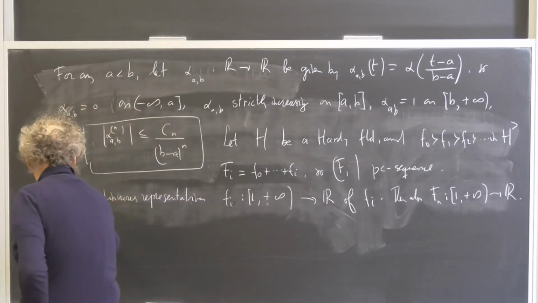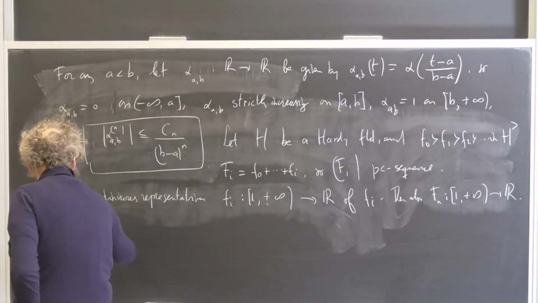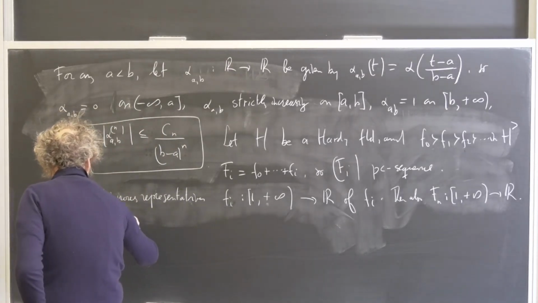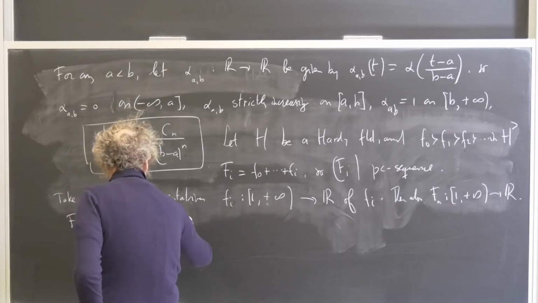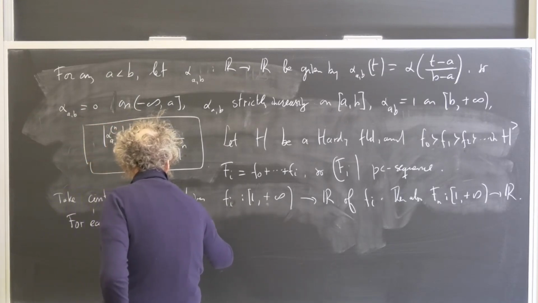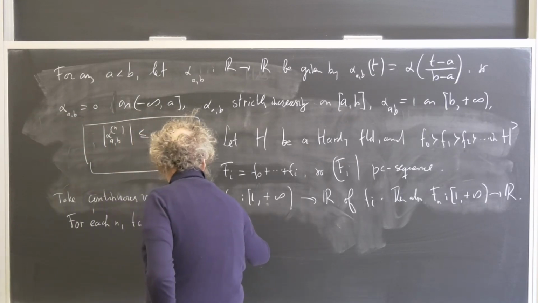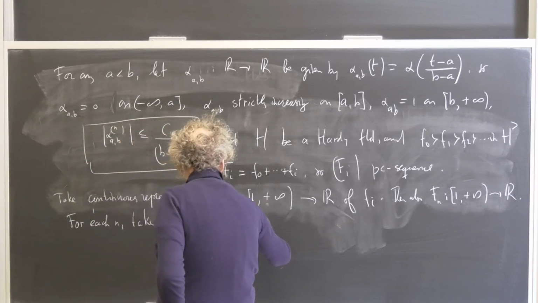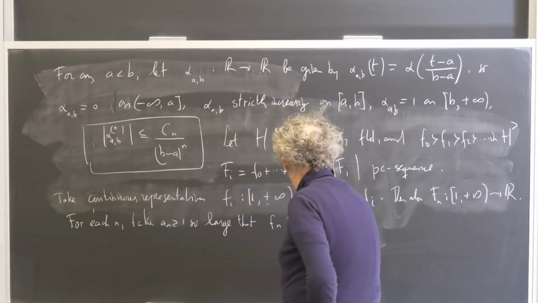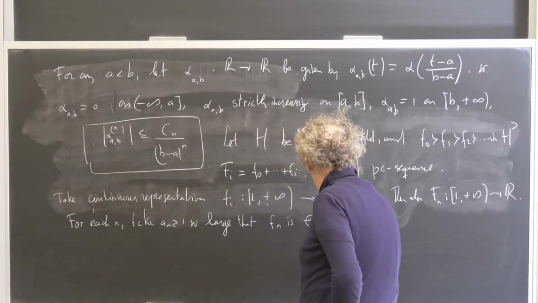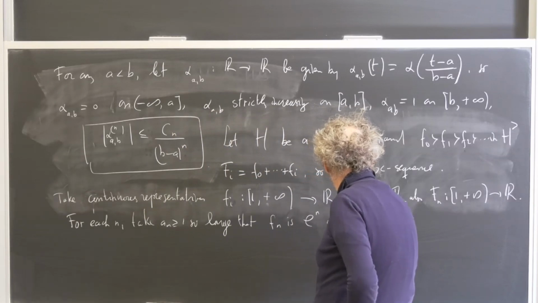For each n, take an a_n greater than or equal to 1 so large that fn is of class Cn on (a_n, plus infinity).